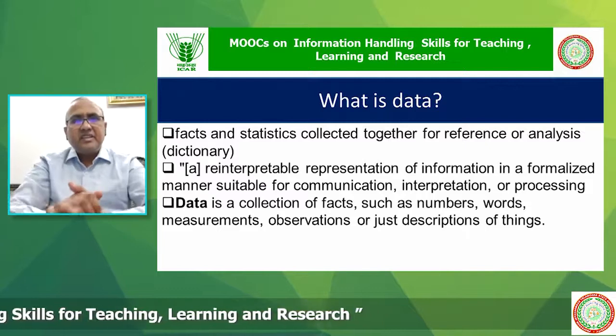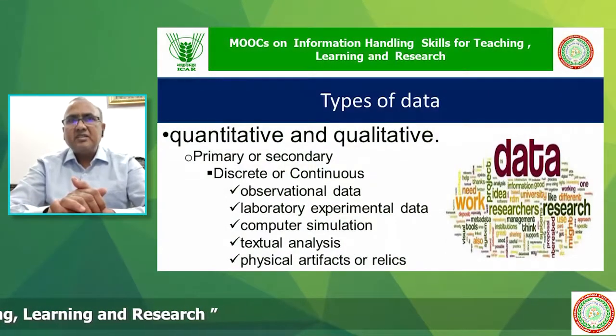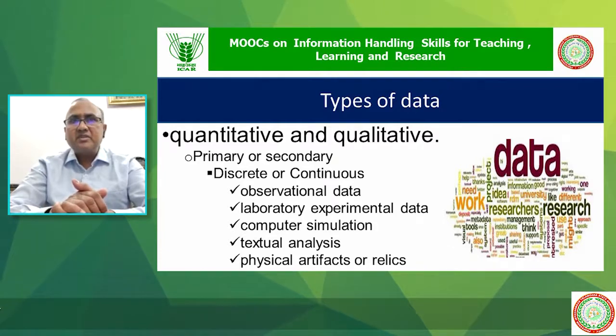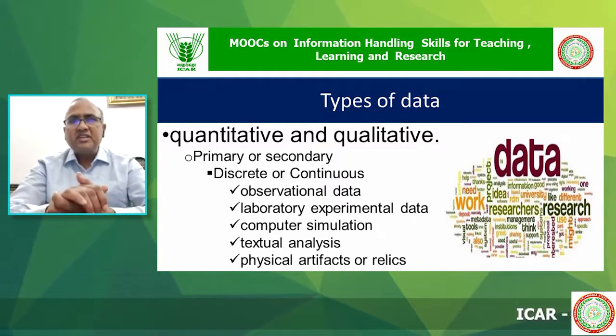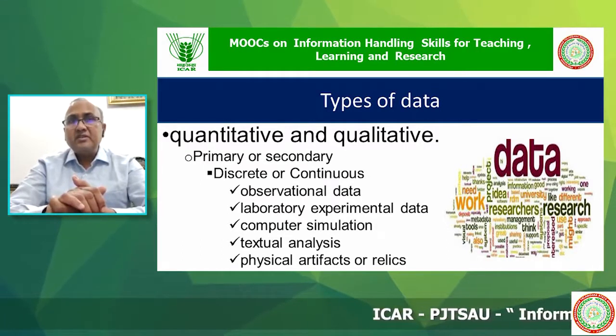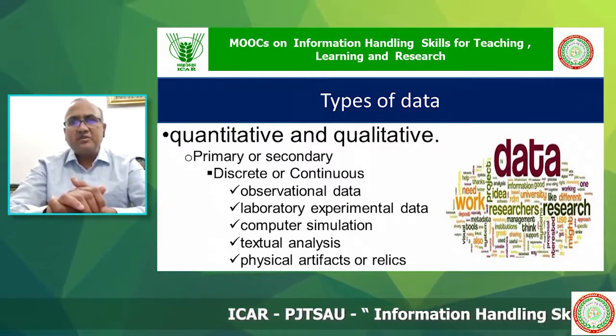There are various categories of data, types of data, like on the basis of its research, it's a quantitative or qualitative research, and data is primary or secondary, and data is discrete or continuous, and it has been collected through various kind of observational activities.